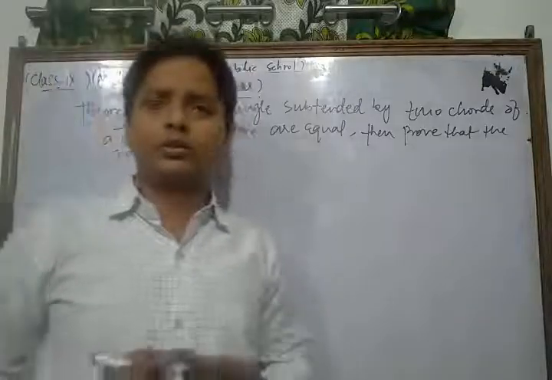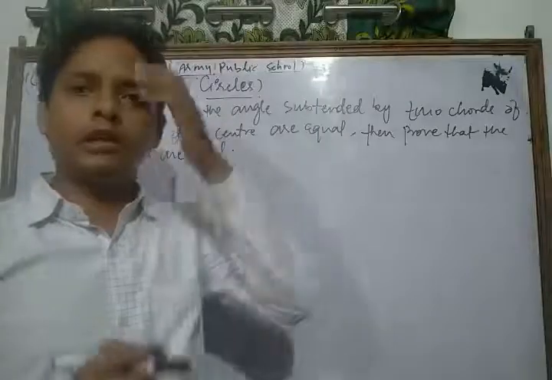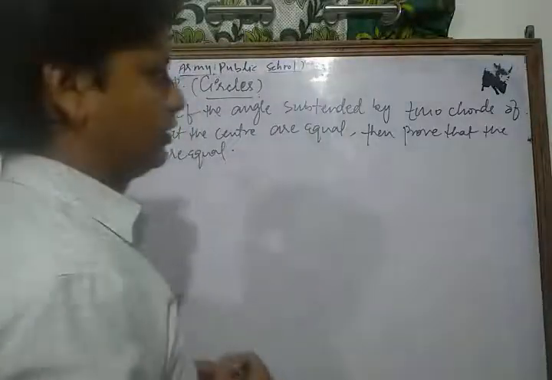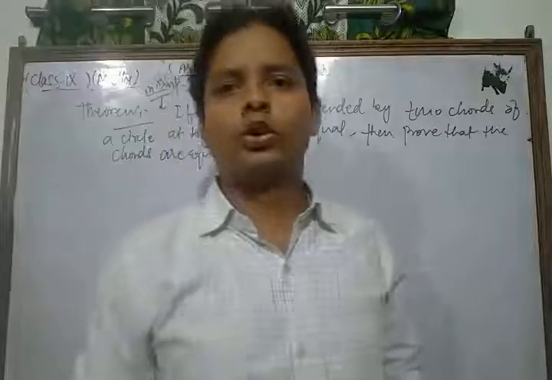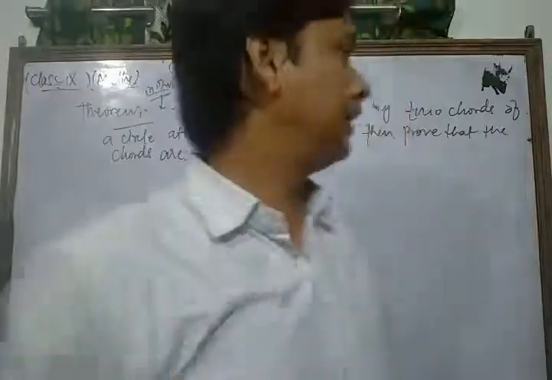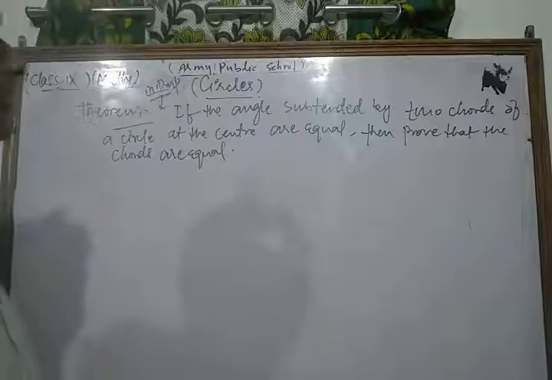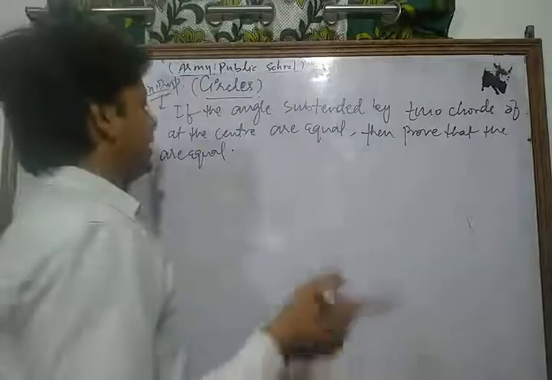This is also a very important theorem of your NCERT book. So in that theorem, what I say is that if the angle subtended by two chords of a circle at the center are equal, then prove that the chords are equal.